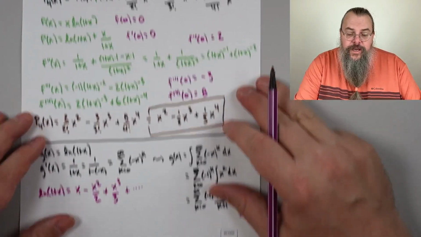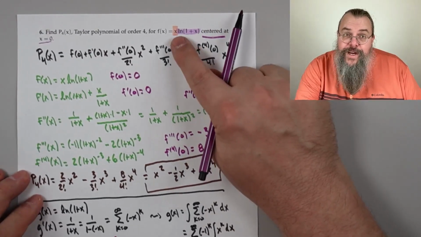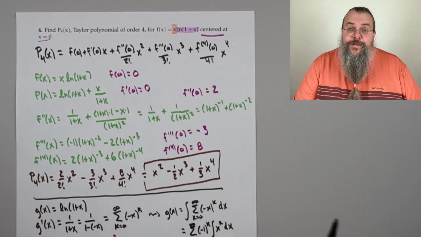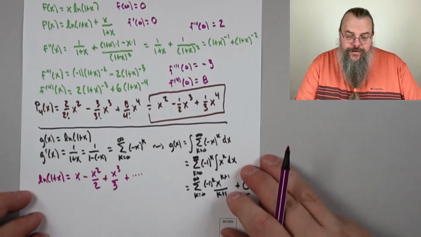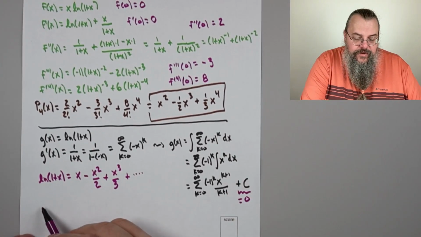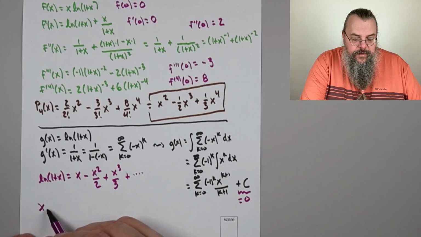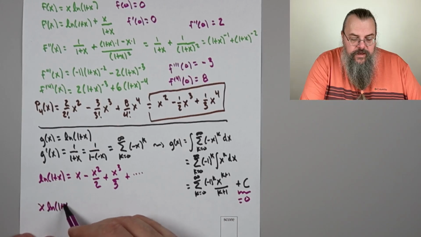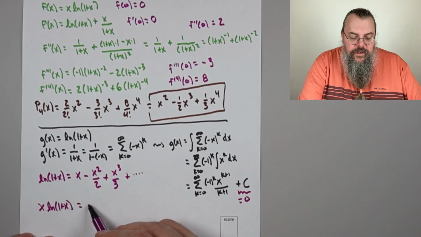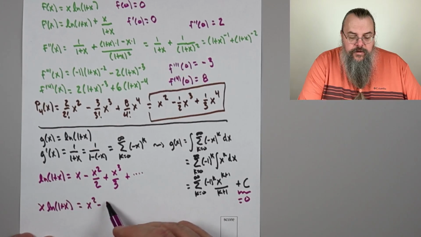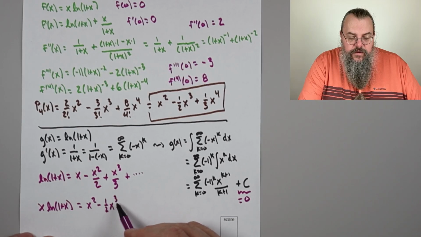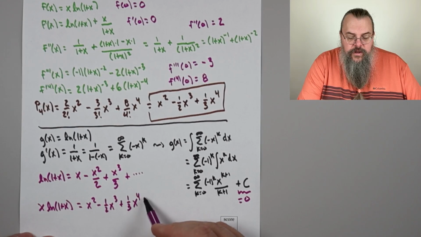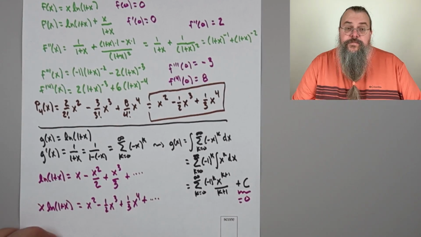Looking ahead, we're going to multiply by an x, and I only need to get up to x to the 4th. So that tells us that x times natural log of 1 plus x looks like x squared minus 1/2 x cubed plus 1/3 x to the 4th plus other stuff.